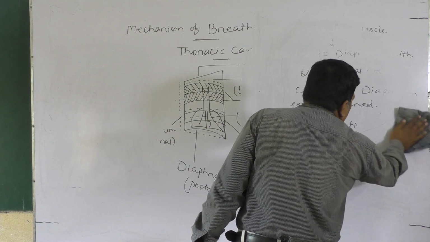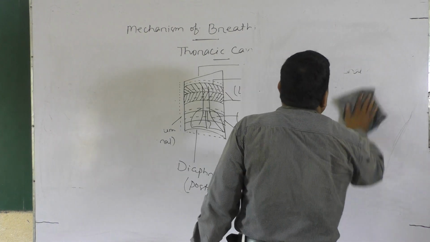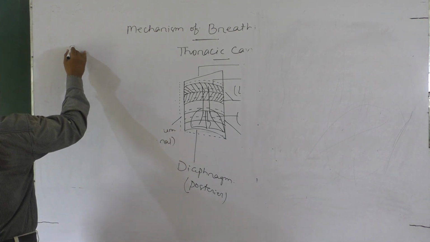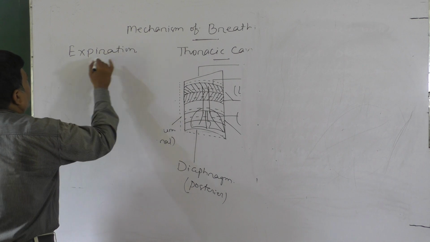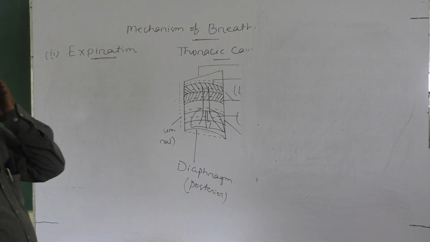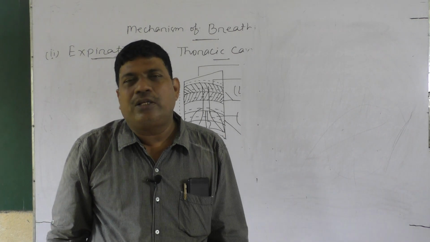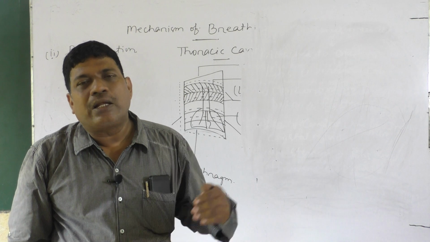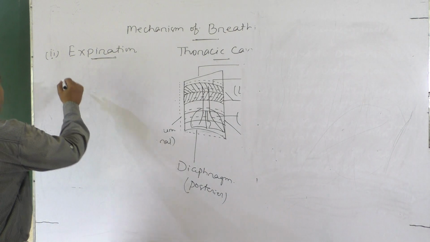It is just one passive process. Expiration or exhalation is the expelling out of carbon dioxide rich foul air from the lungs to the atmosphere, and it is one passive process.